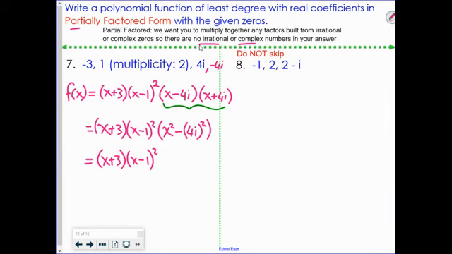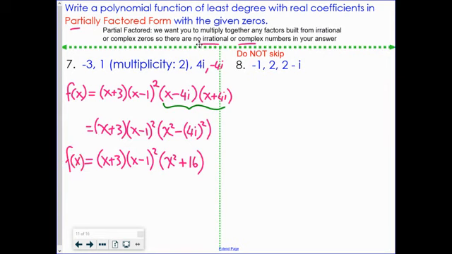I don't have to multiply it out, I'm allowed to leave it partially factored, and this would turn into x squared minus 4 squared, which is 16, and i squared, which is negative 1. So if I multiply this by negative 1, that minus turns into a plus. Okay, so that's this one.